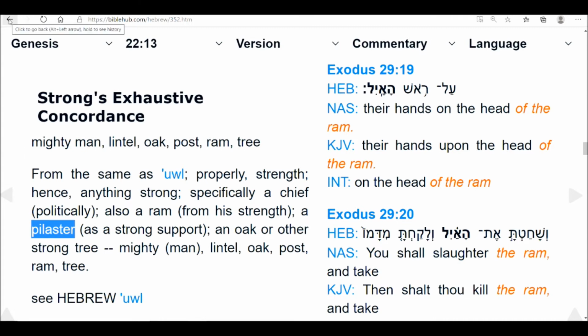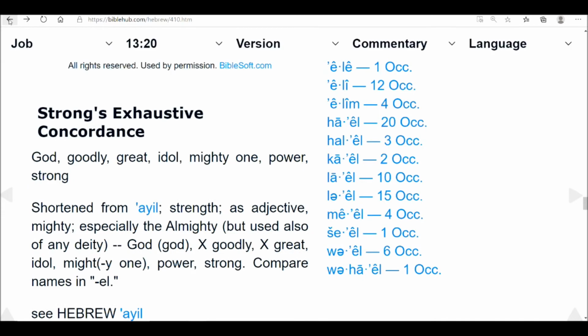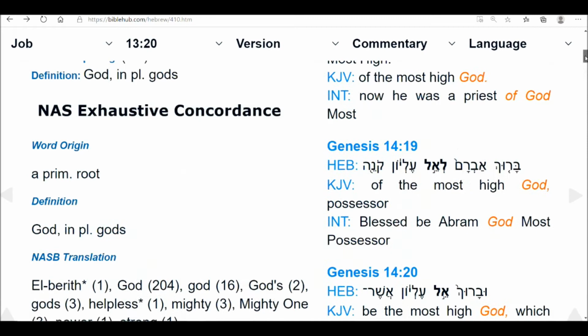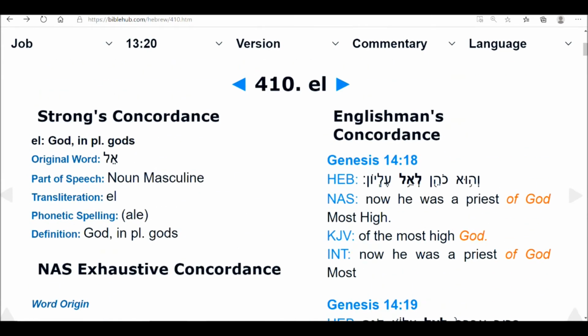We'll break this down, because what she's showing you right now is the undergirding to Yod He Vav He. Right here is a Cohen, which is the word for priest, God. Le'el, and this is from a pilaster. And what do we have? We have the teachings of Mother and Father, the two bearers of light that teach the way of one, so you can become one with Source. I and my Father are one, is what Yeshua said.